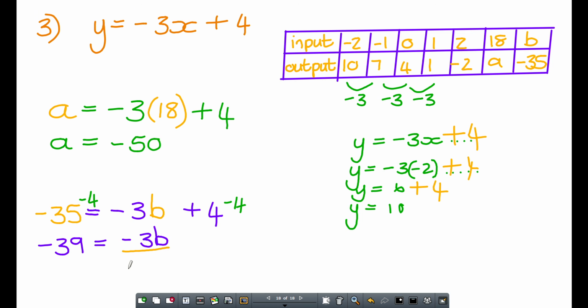So I divide both sides by minus 3. So that is going to give me 13 is equal to B. Or we actually want you to say B is equal to 13, but I won't mark it wrong if you just wrote it like that, as long as you get to the right answer. Any questions? Can I carry on to number 5?